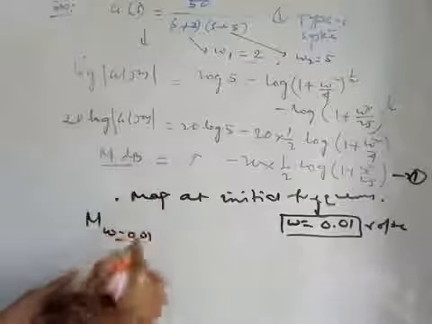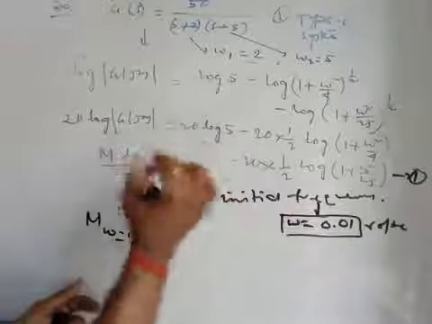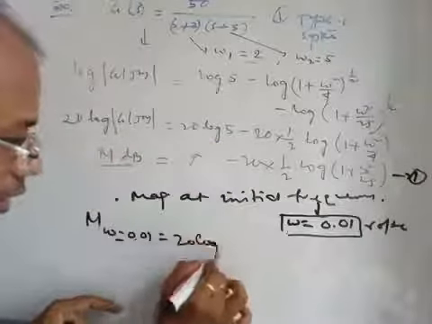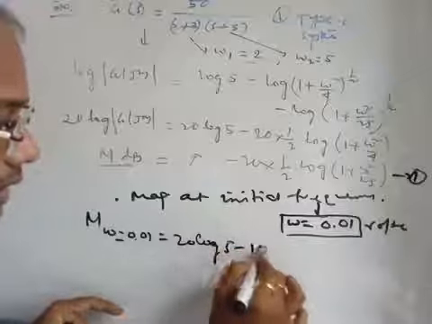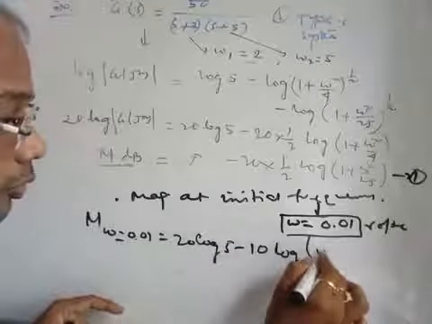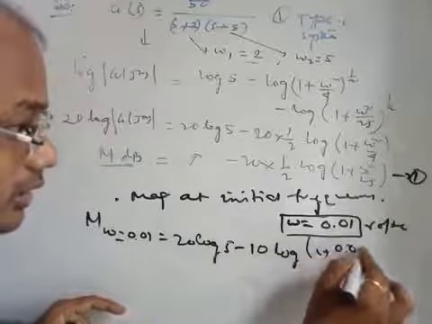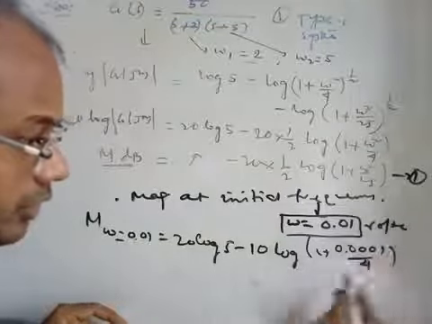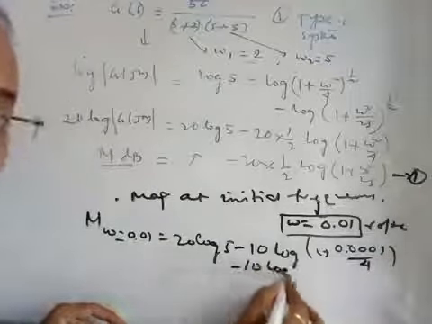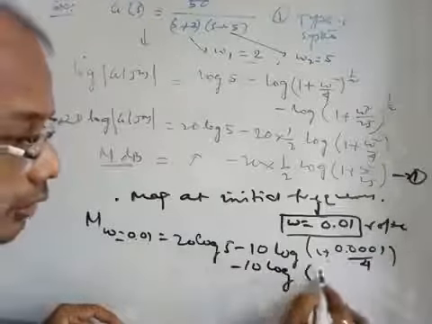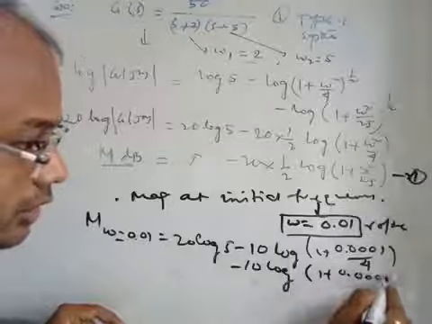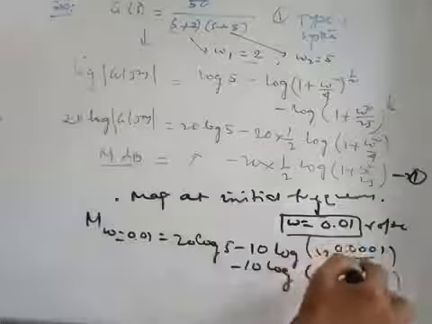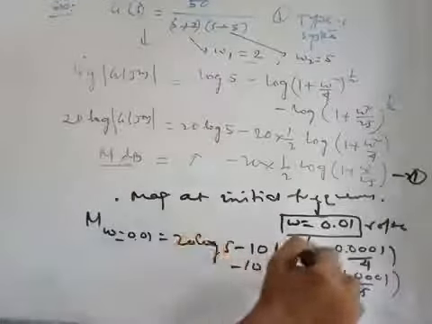So at omega equal to 0.01, if you put this value of omega here, what we will get is 20 log of 5 minus 10 log of (1 plus 0.01 squared by 4) minus 10 log of (1 plus 0.0001 by 25). So almost this part is equal to 0, or you can take this part as nullified.